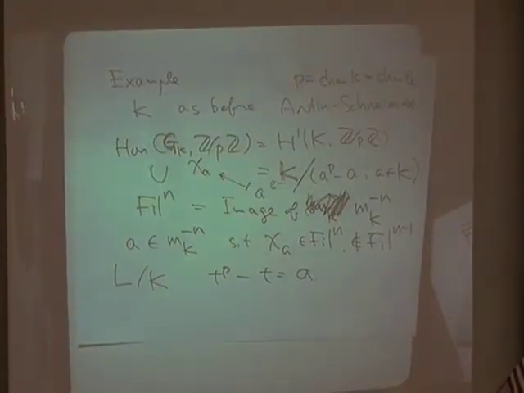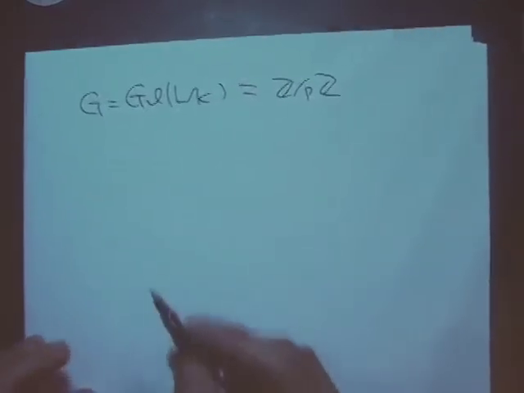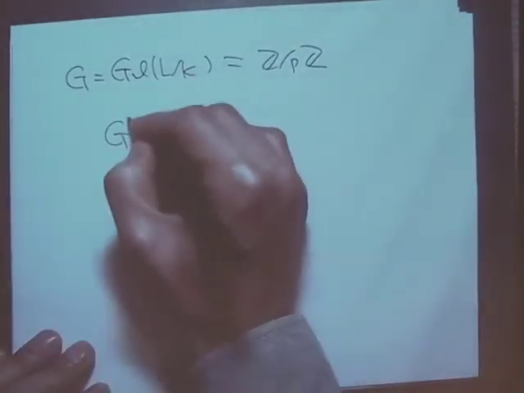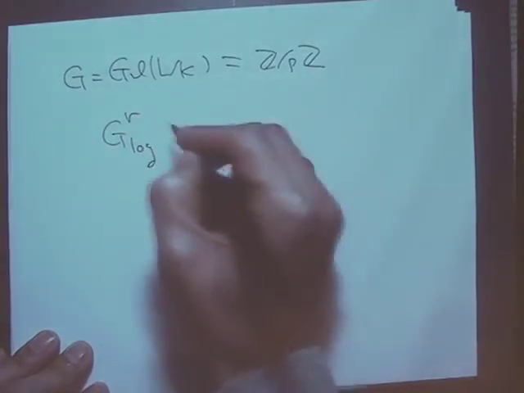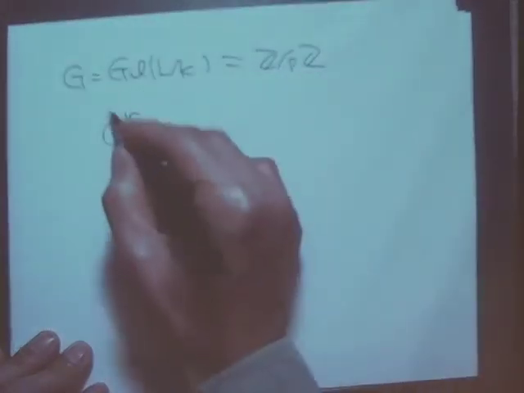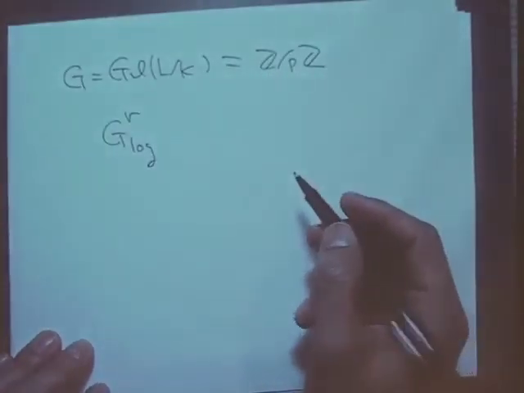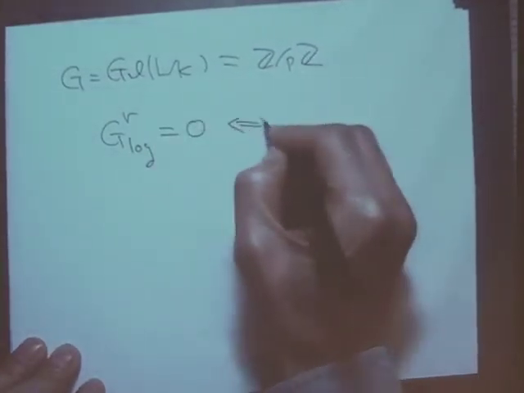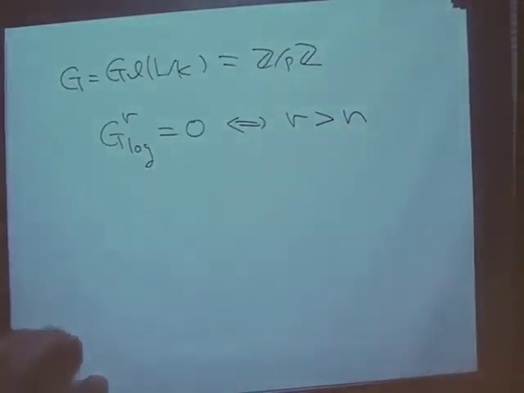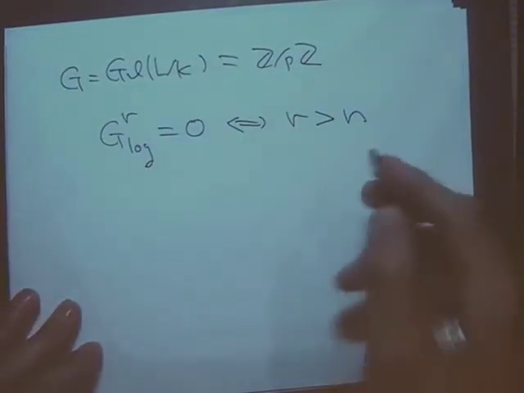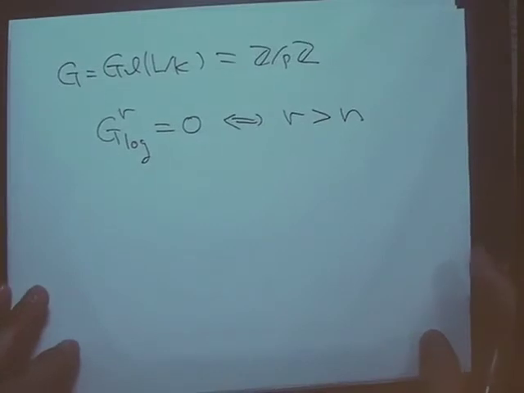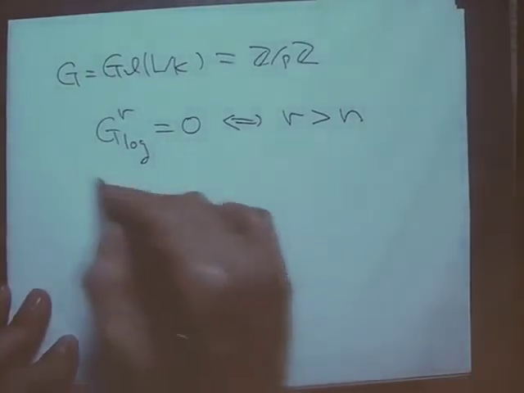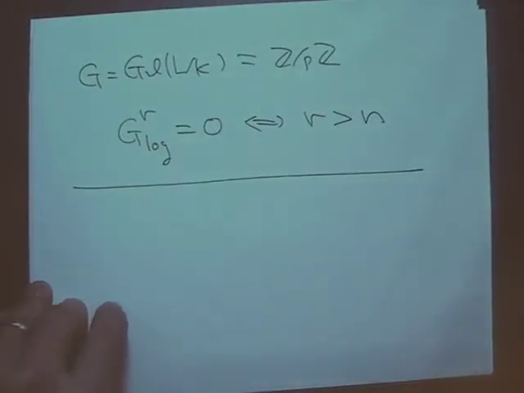And for this group, we have defined the upper numbering filtration, and the result is that this filtration, so this is a subgroup of this cyclic group of order p, is everything or zero, and this is zero if and only if r is strictly bigger than this n. Yeah, n here. I will tell you how we see this tomorrow.